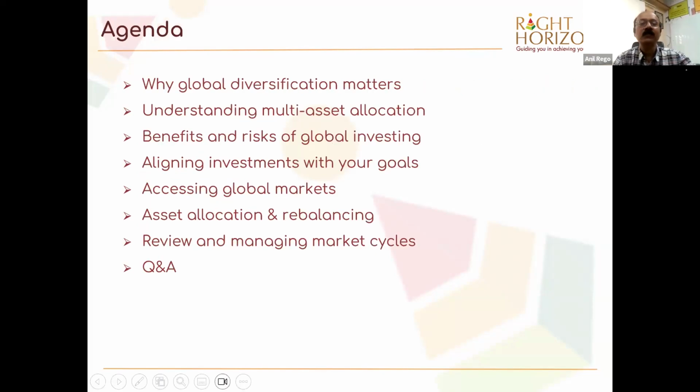So what are we trying to do today? Basically, we're trying to look at why we should look at diversified global assets. Why is diversification required? We understand what is multi-asset allocation. Within global assets, why is it important to have multi-asset allocation globally as well, not just in India?